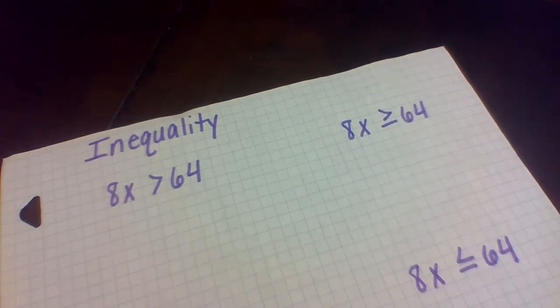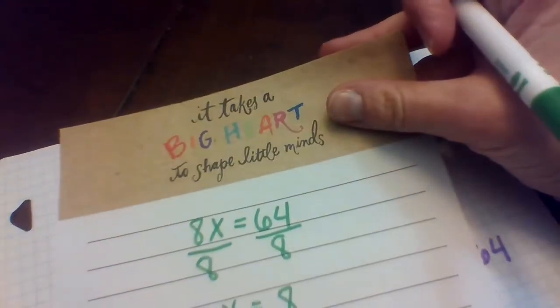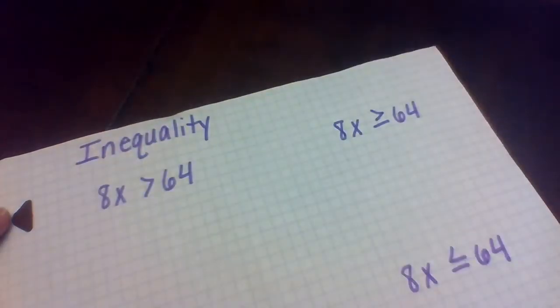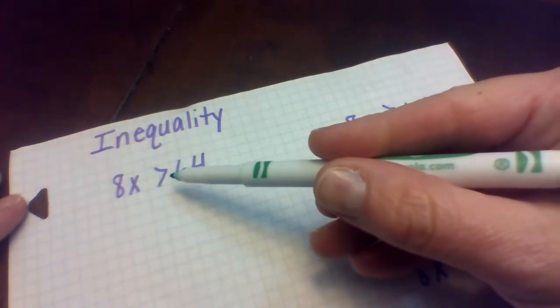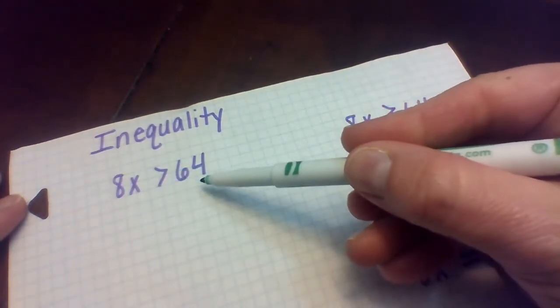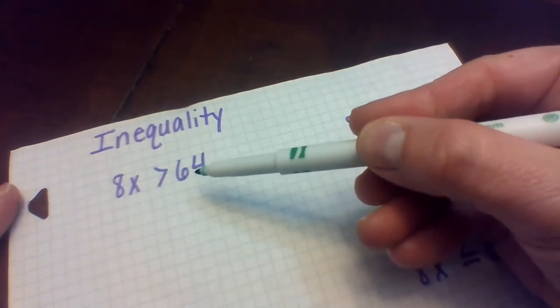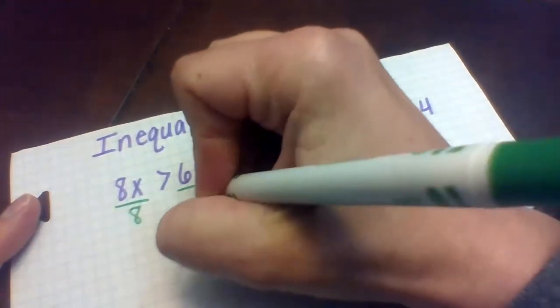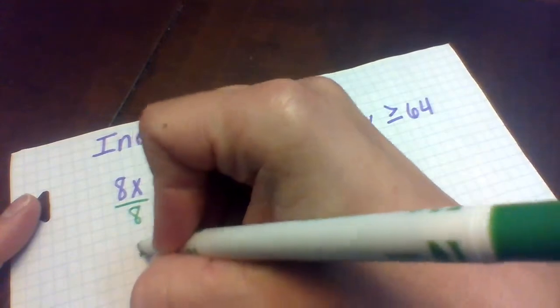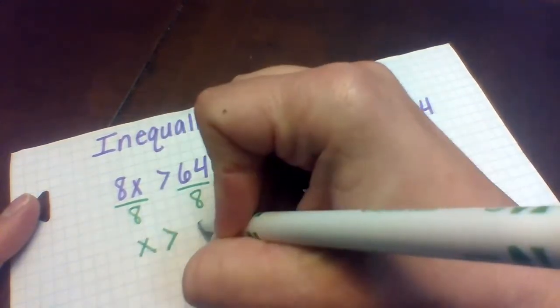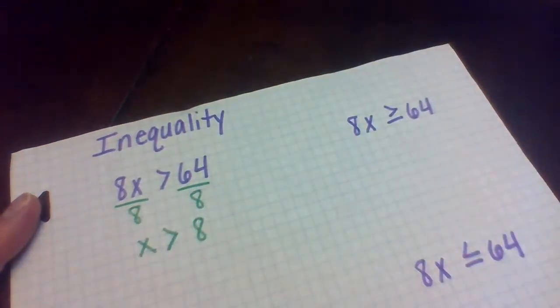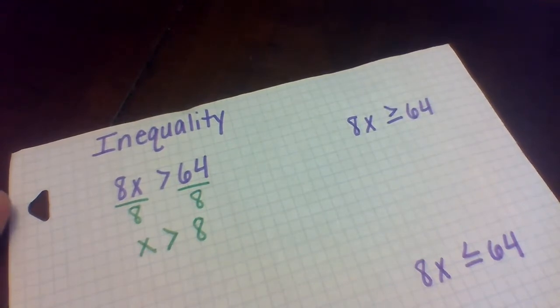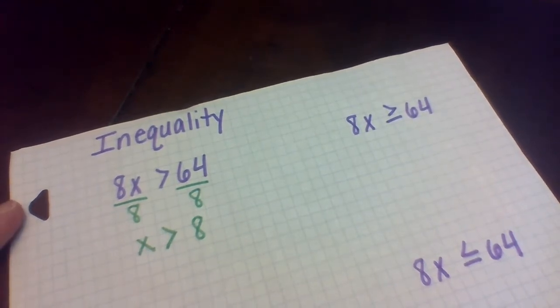So if I look at this just a little bit differently, instead of having 8x equals 64, I changed it to 8x is greater than 64. So if I solve the same exact way and I divide by 8, that's going to give me x is greater than 8. Okay? So all I did was change the equal sign to a greater than sign.